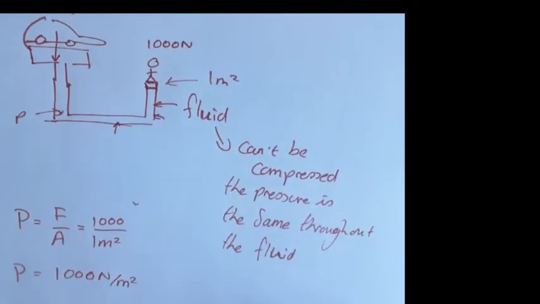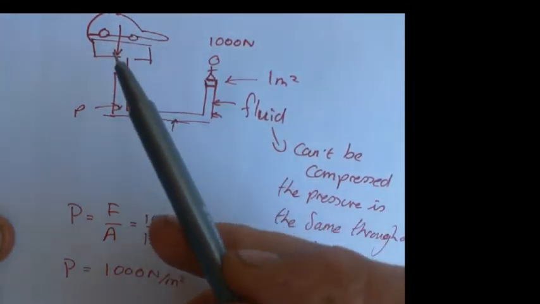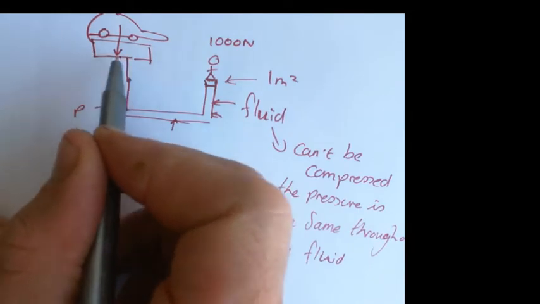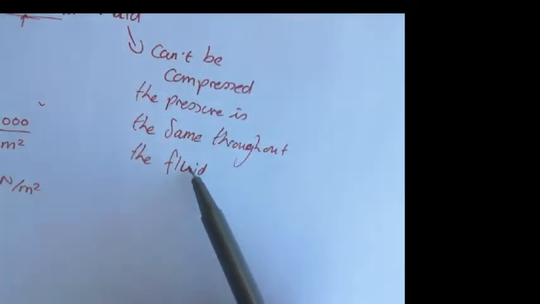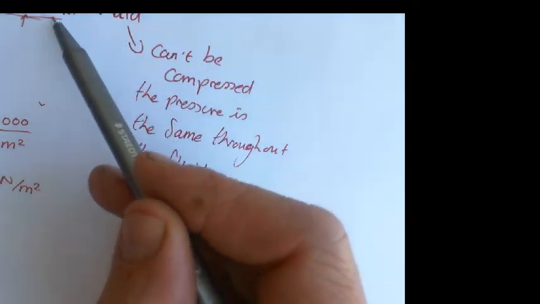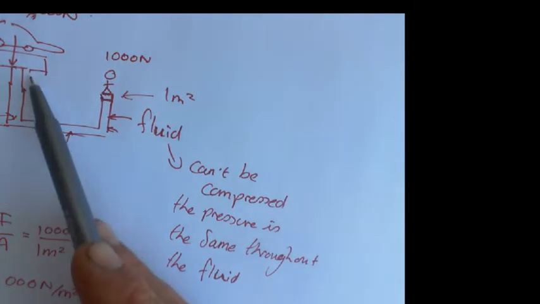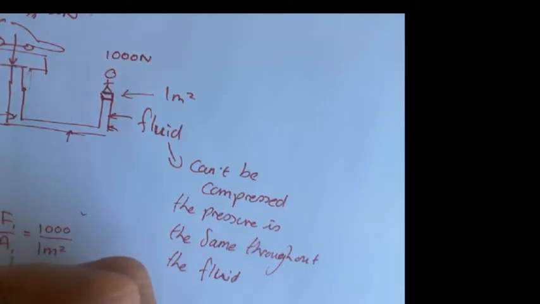Okay, and we know that that pressure will be the same as the pressure that the car is feeling here, because all of the pressure in the fluid is the same, because it can't be compressed. So as you push down on here, it gets pushed all the way through. So that's pressure 1, force 1, area 1.